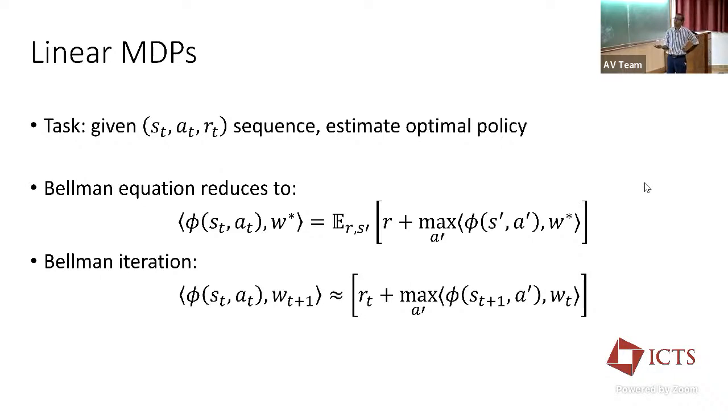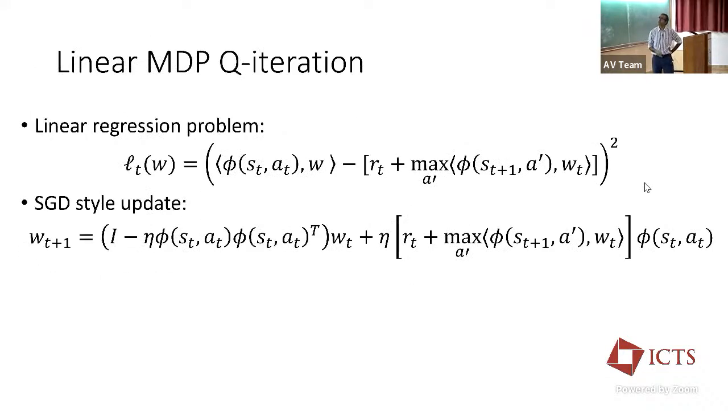And if you want to apply a Bellman iteration now, what you want to say is that this parameter W, I want to approximate it so that this inner product is close to this target value. So based on the current Q function parameterization Wt that we have, you can get a target value, and then you want to find a Wt plus 1 that approximates that. So you can again put a least squares loss on this, and you can do an SGD style update, and this is what you'll get. So this is your Q iteration for linear MDPs.